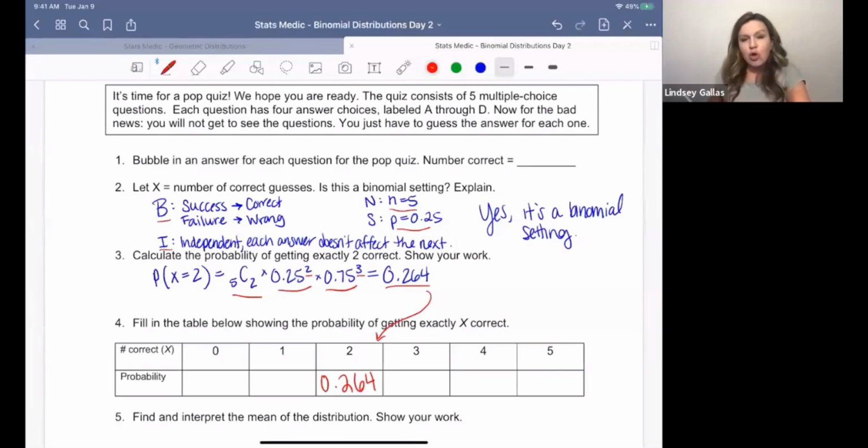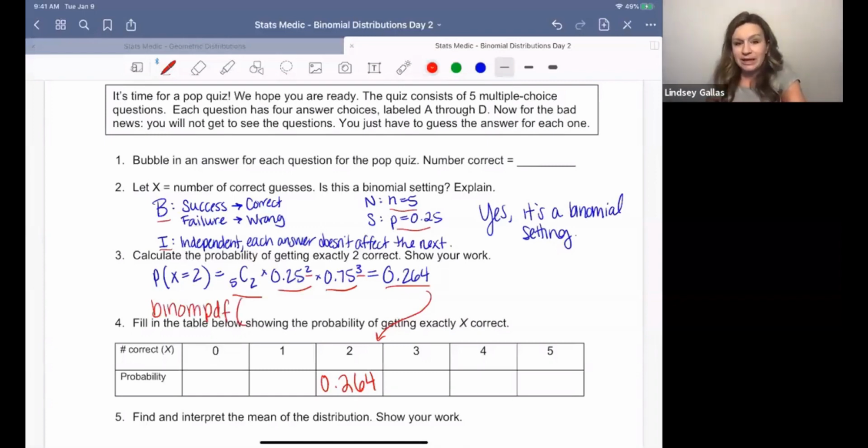0.264. Okay, so when we're thinking about this quiz, there are all these different possible numbers of answers that you get correct. So you could get 0 right, 1 right, all the way up through 5. What I'd like you to do is find the probability of each of those outcomes. Now I'm going to help you out with this first. I'm going to show you a shortcut that you could do in your calculator. There is a function in your calculator, and it is called binomPDF.